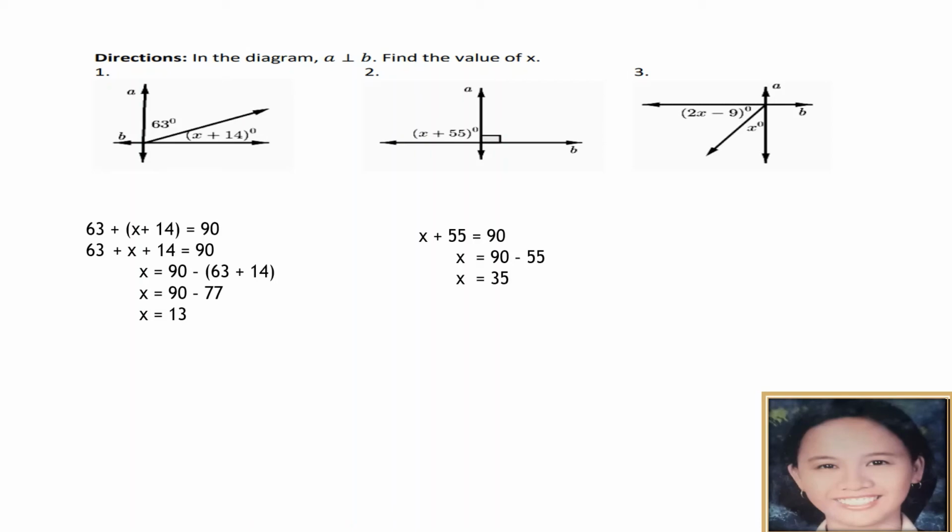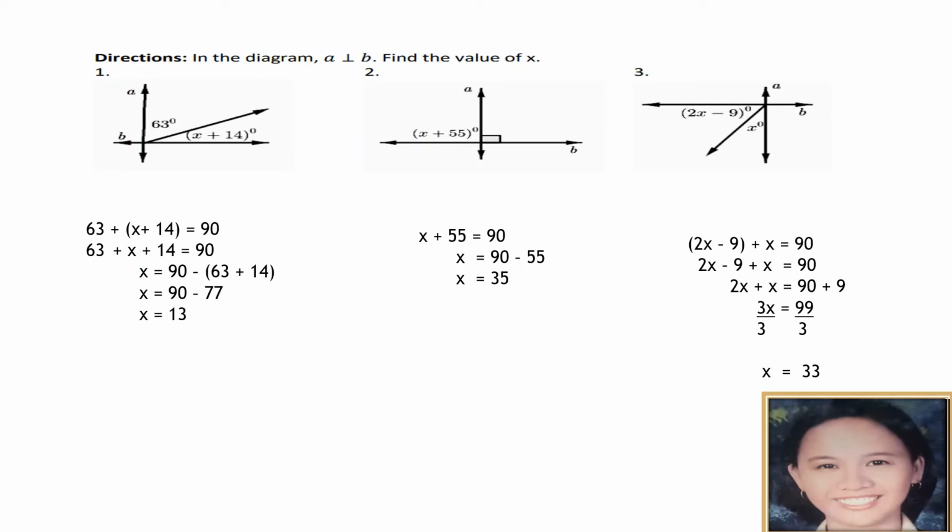For number 3, it has the same concept as number 1. 2x minus 9 and x are complementary. So our equation would be the quantity of 2x minus 9 plus x equals 90. Then I remove the grouping symbol. That gives me 2x minus 9 plus x equals 90. Then we apply the addition property of equality.